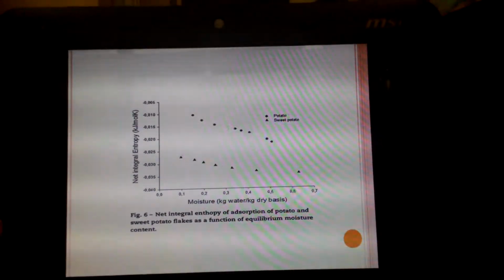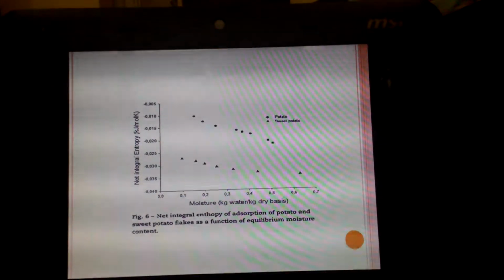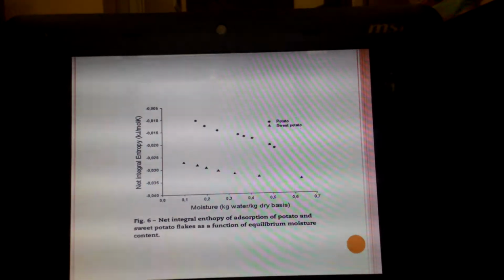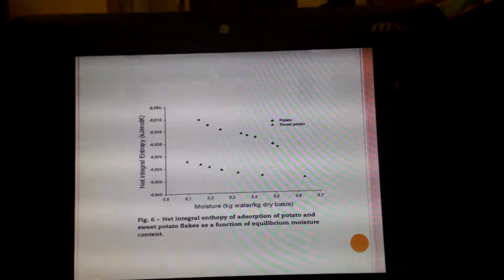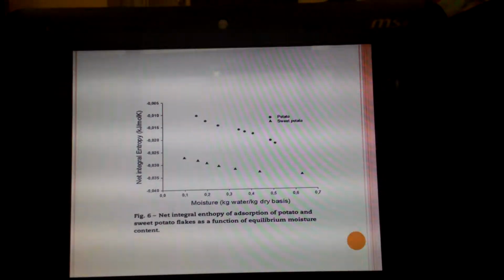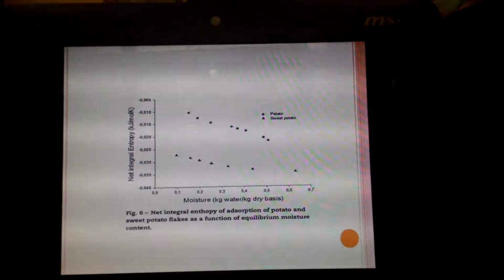It shows the decrease in net integral entropy with increase in moisture content, and the lower values obtained for the entropy of the sweet potato flakes. This was attributed to the increase in water molecule mobility as the available adsorption sites become saturated.